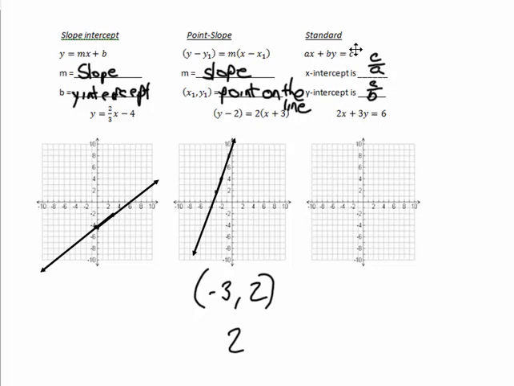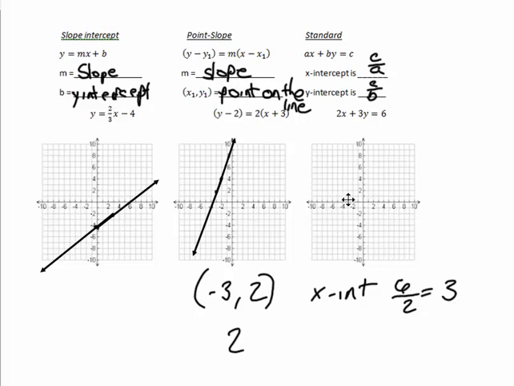Let's do the last one, standard. X-intercept is c over a, so a is 2, c is 6. So the x-intercept is 6 over 2. Okay, which is, sorry, this thing is locking up on me now. There we go, is 3.